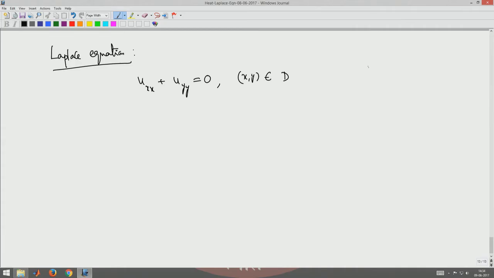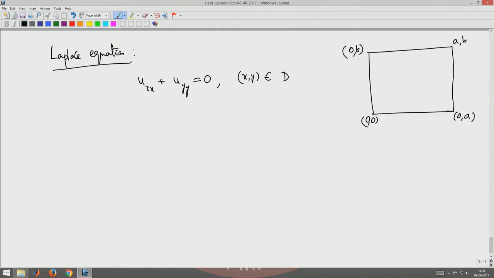So we consider this Laplace equation in a bounded domain, for example a rectangular plate. D is the rectangular plate, where this point is (0, 0), this point is (0, b) and this point is (a, 0).